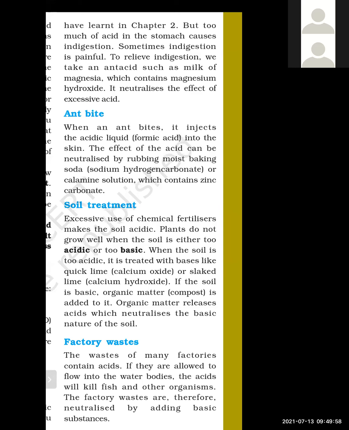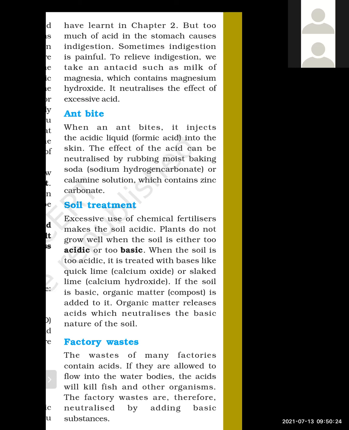Any type of bees, they all generate acids. They inject acid in our skin and we feel very much irritation, and it is so painful. So to get relief from that pain, we apply baking soda or calamine solution.